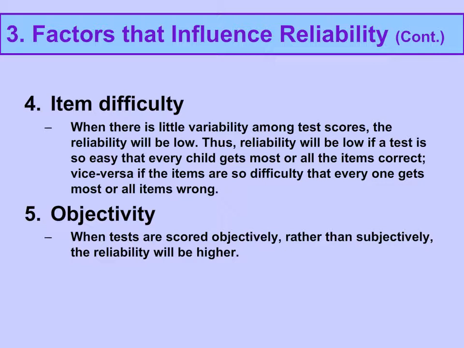When it comes to objectivity versus subjectivity, reliability is higher for objective tests. However, with the use of well-designed rubrics and inter-rater training on the use of those rubrics, subjectivity is more controlled. An example is the use of rubrics to evaluate students' writing samples.